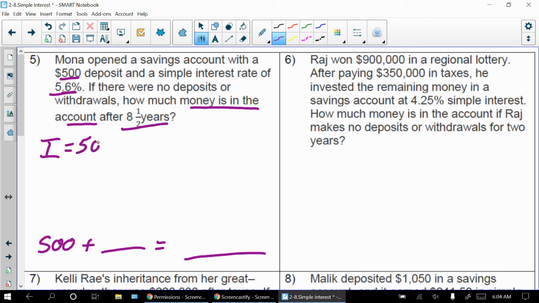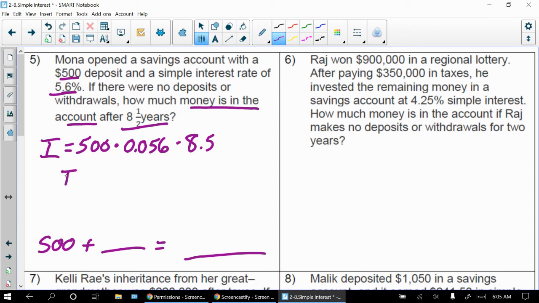All right, so make sure you always read all the directions. And times our 8.5. So 500. So you got like a big Christmas money from grandma. And you're like, I'm going to put it in savings for when I want to buy my car in 8.5 years.